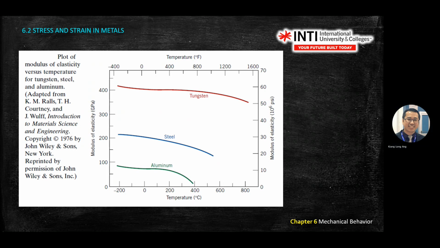If the question gives you something like: determine the elongation of aluminum and maybe tungsten under a force of maybe 100 kilonewton, by referring to this table. So in this table, at 200 Celsius.